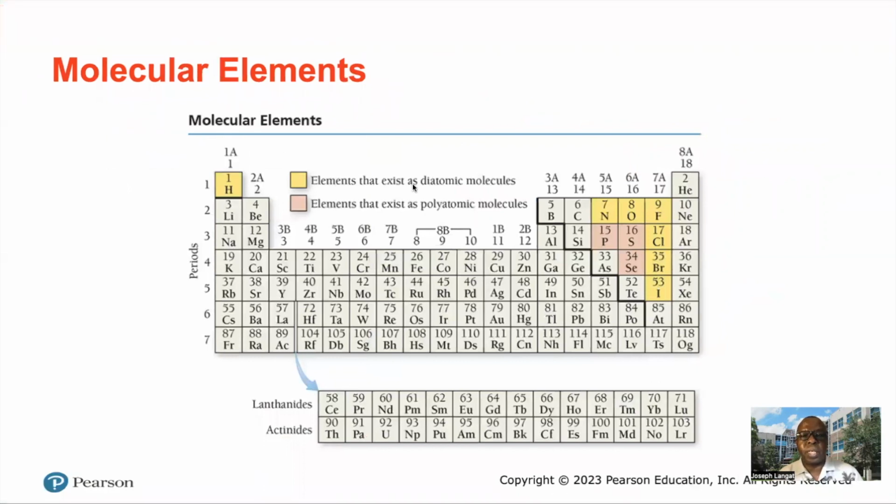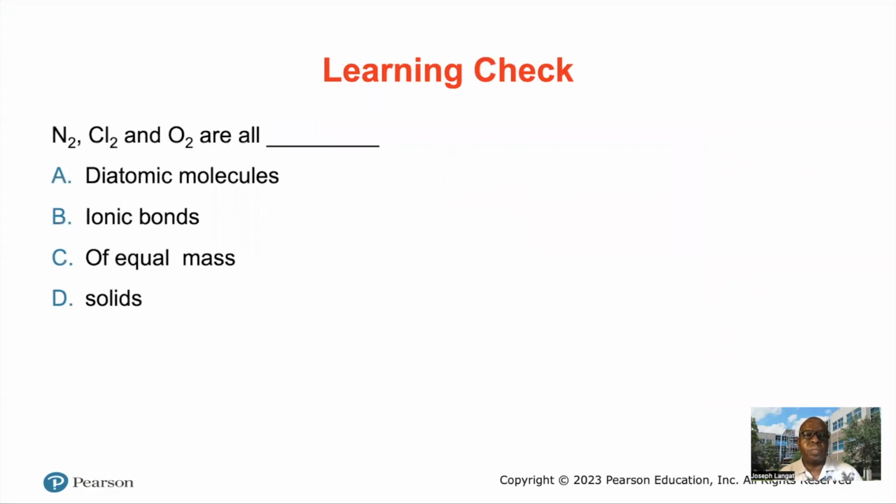Elements that exist as diatomic, that means in nature, we have H2, N2, O2, F2, Cl2. The elements that exist as polyatomic are just right here: selenium, sulfur, and phosphorus. So that's what we need to know.